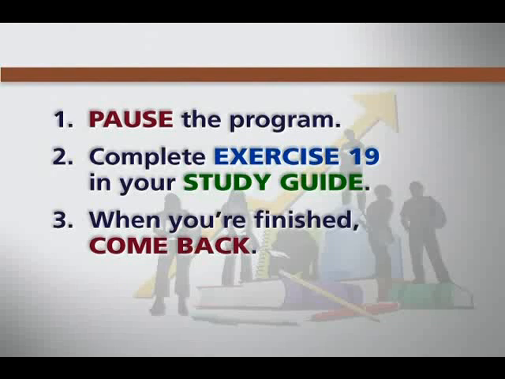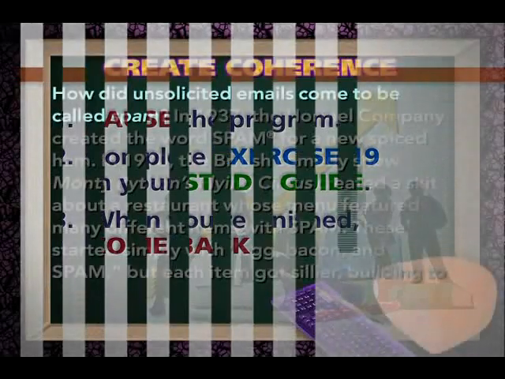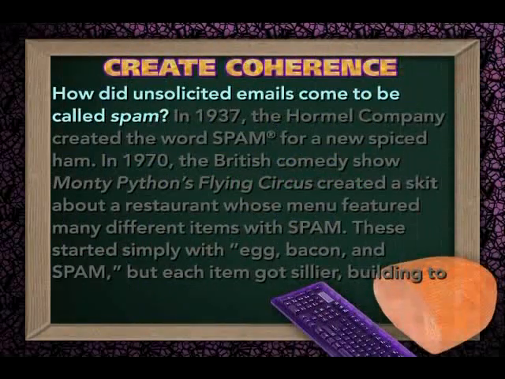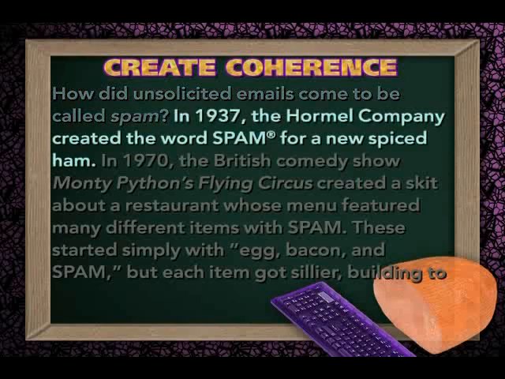Here's my topic sentence. How did unsolicited emails come to be called spam? In 1937, the Hormel Company created the word spam for a new spiced ham. In 1937 is my clue.